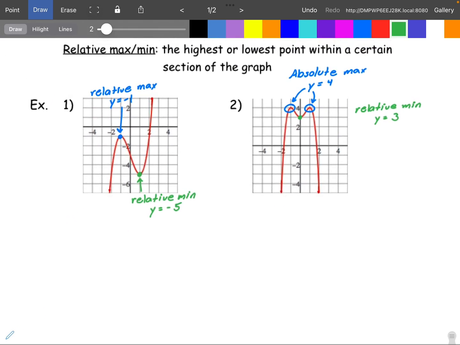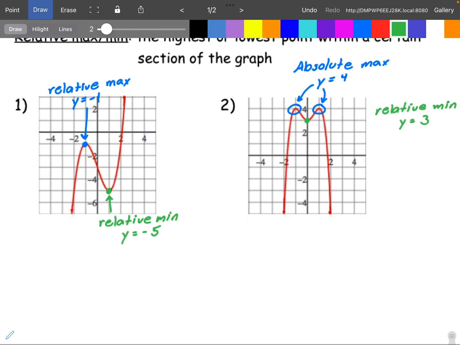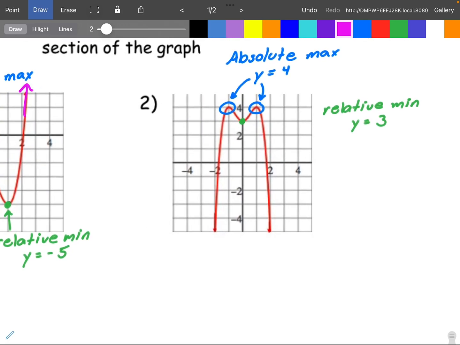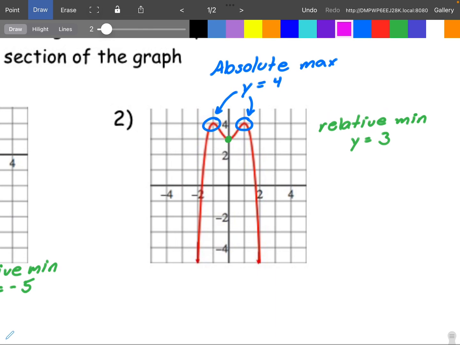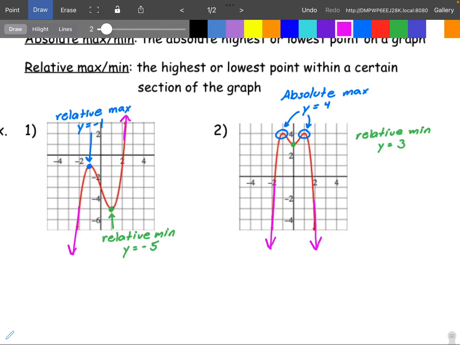So for number 1, there is no absolute maximum and there is no absolute minimum because that graph continues to go down forever and up forever. So you can't hit an absolute highest point or an absolute lowest point. Number 2 has an absolute max, but it does not have an absolute min because, again, that's going to keep going down forever. So there is no absolute lowest point.